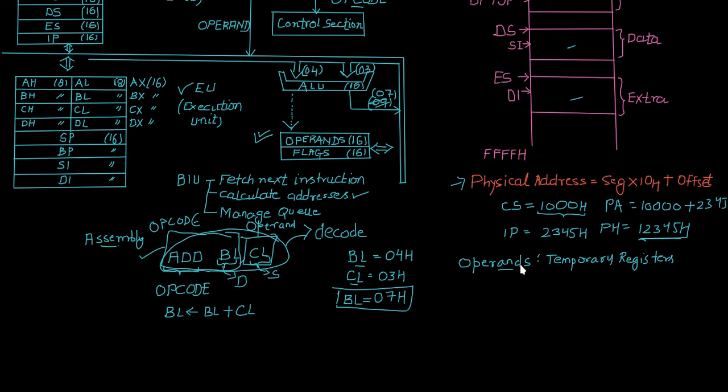And to explain the use of temporary registers, I will give you another example of an assembly language instruction. So the instruction is XCHG, also known as the exchange or the swap instruction, and let's say I say BX, CX.